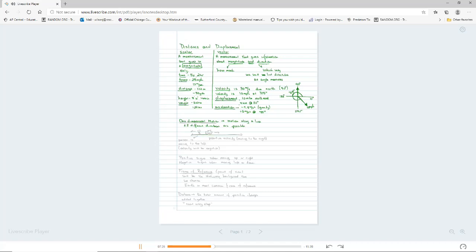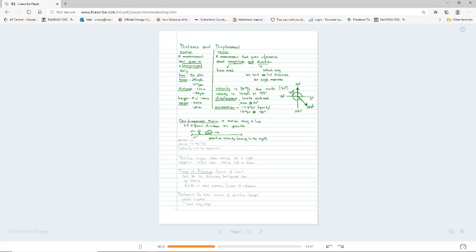So let me give you an example here. Let's say that here is our axis, our line of motion, and if we have a car going this way, the car could move to the right, so we would consider this to be a positive velocity, because you are moving to the right. But you could also have a person that happens to be walking to the left, and that would also be one-dimensional motion.